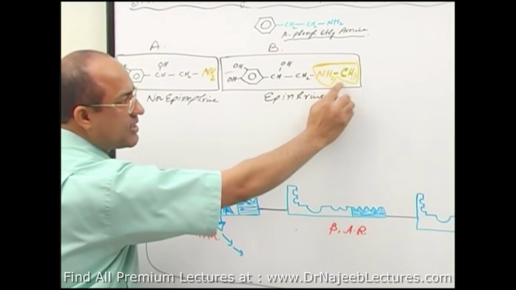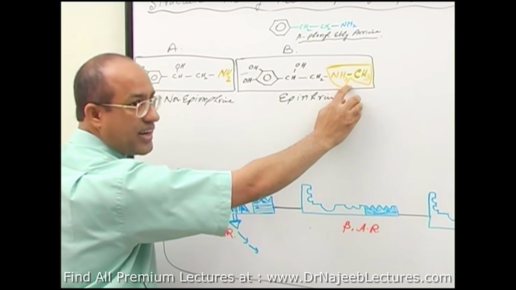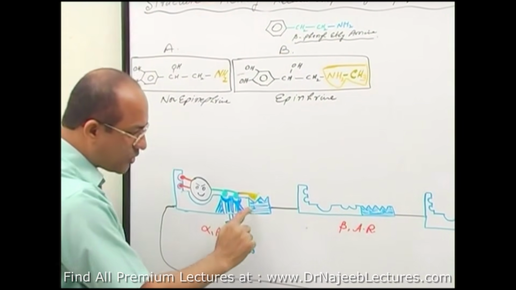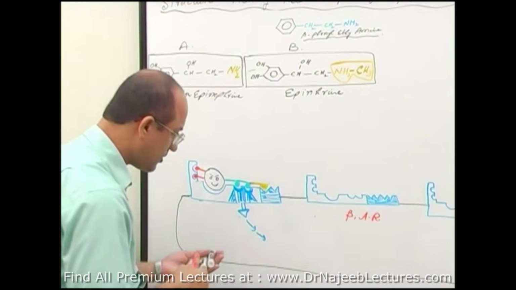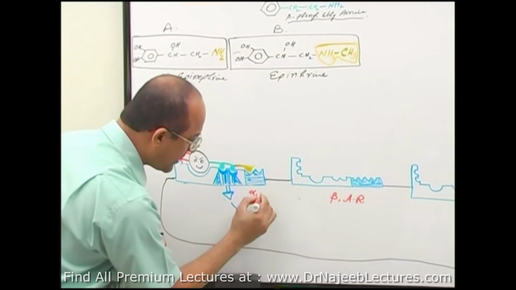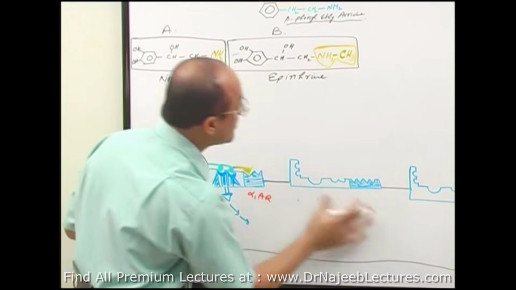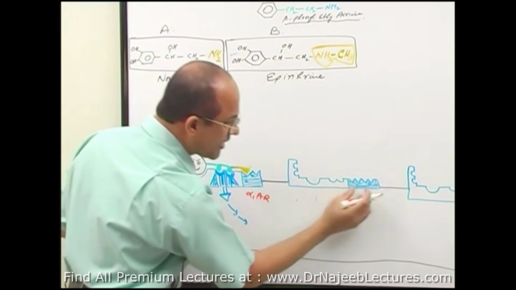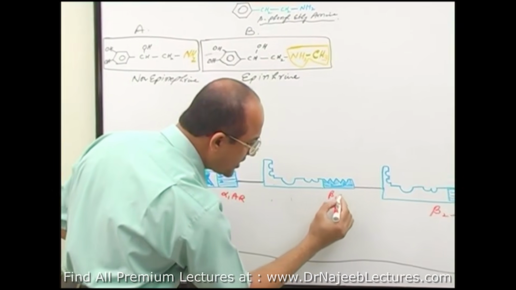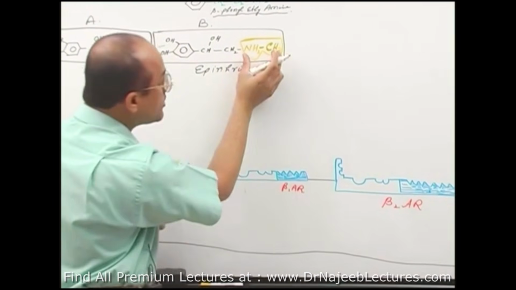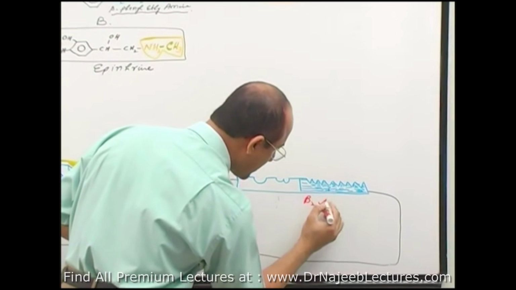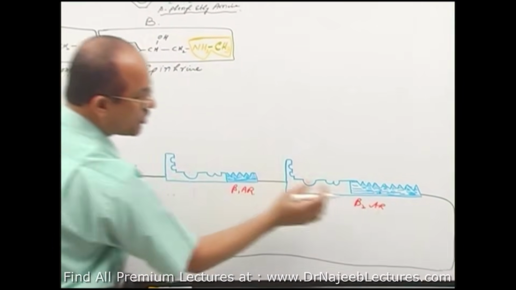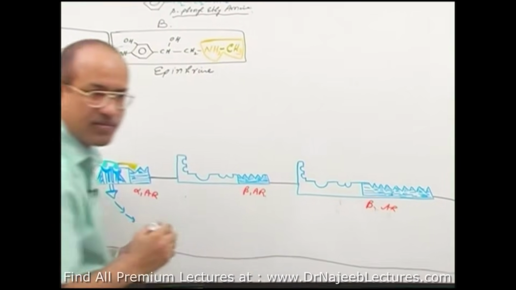Because the epinephrine amino end is a methylated amino end, it can fit into the alpha 1 adrenergic receptor, and it can fit into the beta 1 adrenergic receptor, as well as the beta 2 adrenergic receptor, even though it fits into this part and the remaining is empty.